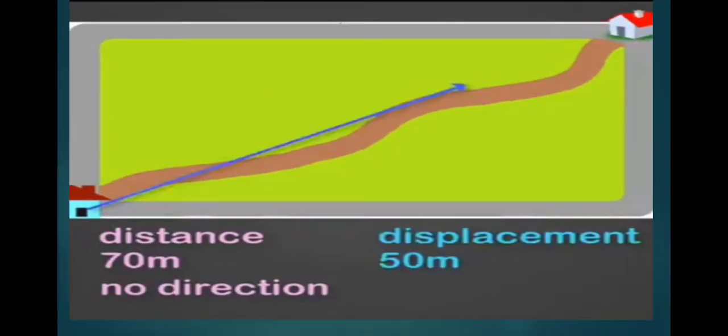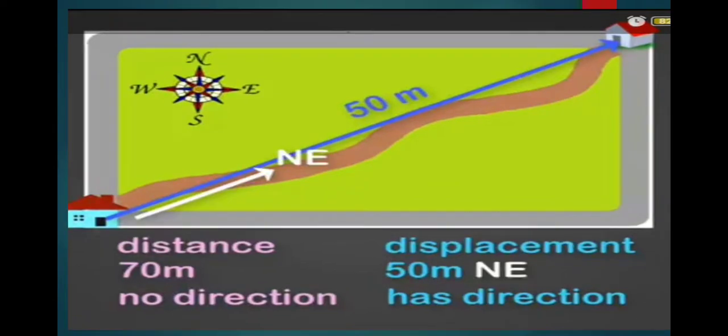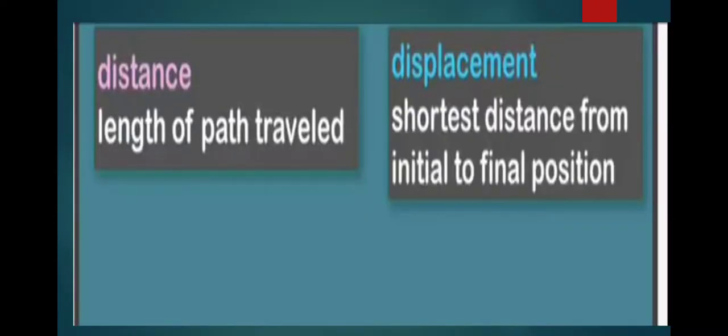Now what is the direction from the initial to the final position? So if this is north in the map, our direction is going to be northeast. So your displacement will be 50 meters in the northeast direction. Let's put distance and displacement in our concept board.